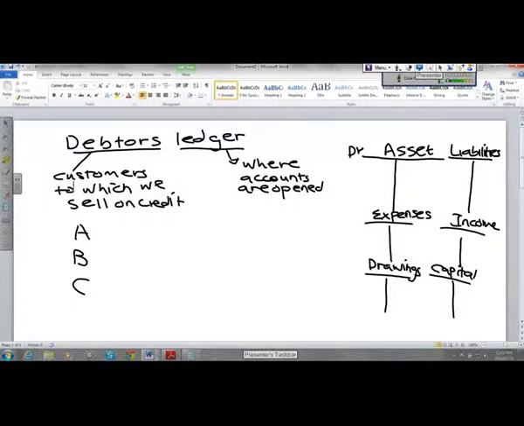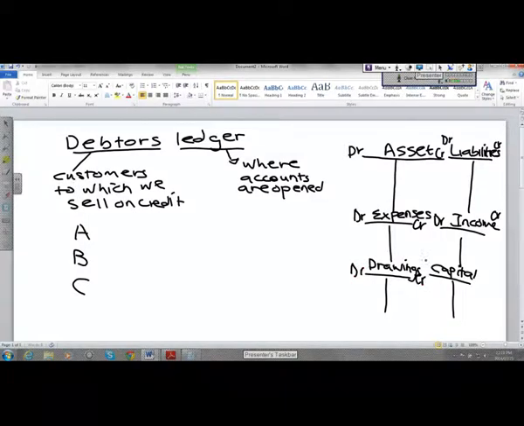You remember that we got all these accounts, and the left side we call the debit side, and the right-hand side is called the credit side. You remember this from the first workshop, but I'm just using this to remind you of the principles. So you've got debit, credit, debit, credit.